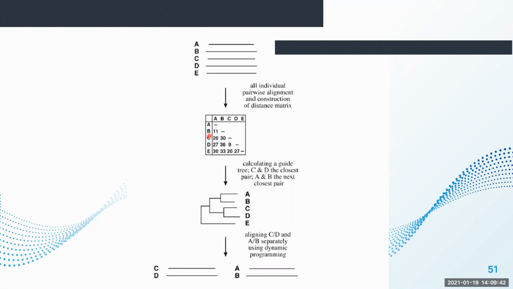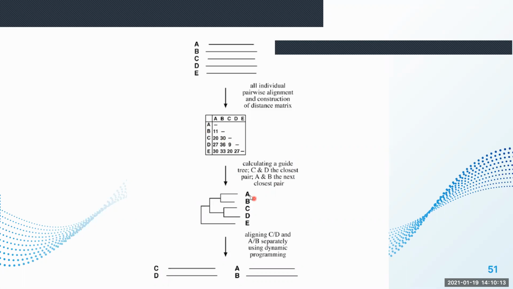If you see, AB you have 11, then CD you have 9. So AB are coupled in here, CD are coupled in here. So E is single forever because you have a higher distance. It's the same as your personal life, right? Suppose you have this distance matrix, then you construct this guide tree based on these values.